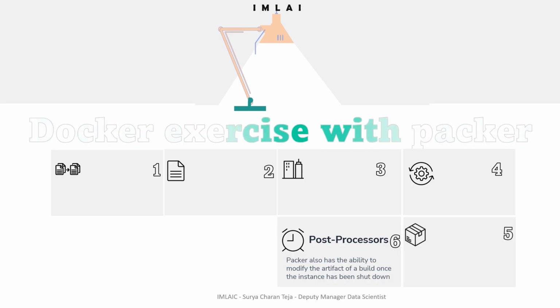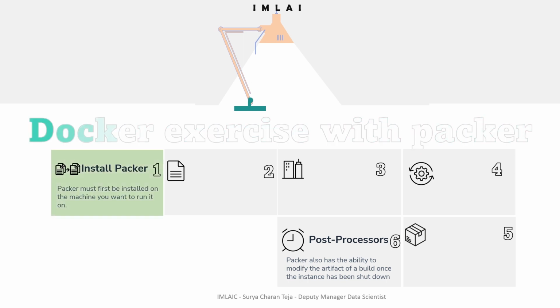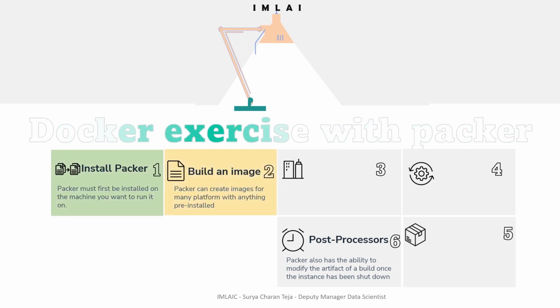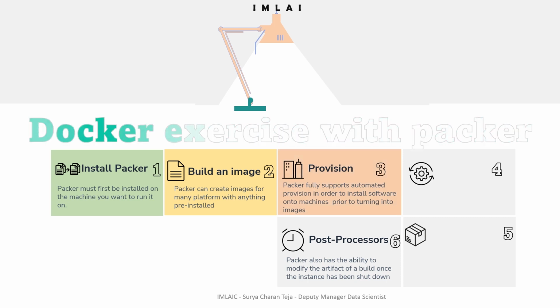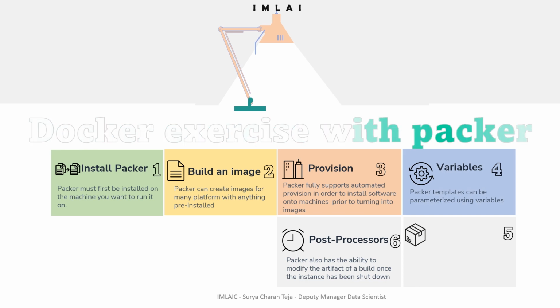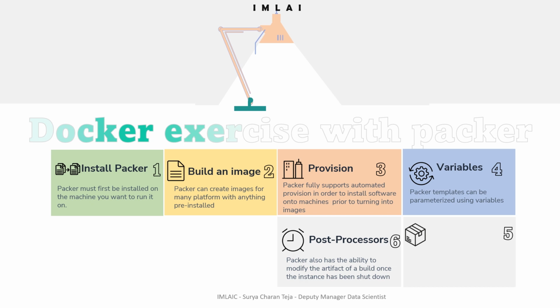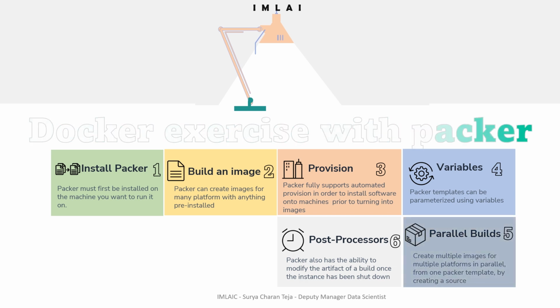So in the previous exercise, we used Packer to automatically build an image and provision it from a template. Then we parameterized the template, allowing you to build different images using the same template. While this is already quite powerful, Packer can create multiple images in parallel, all configured from a single template.